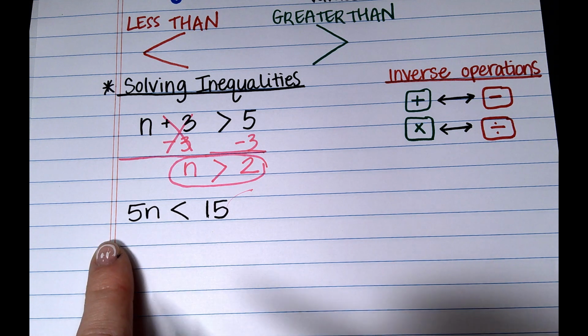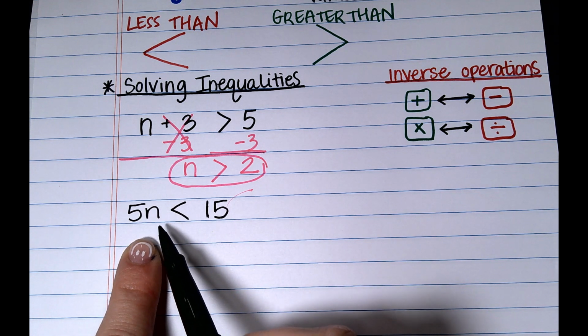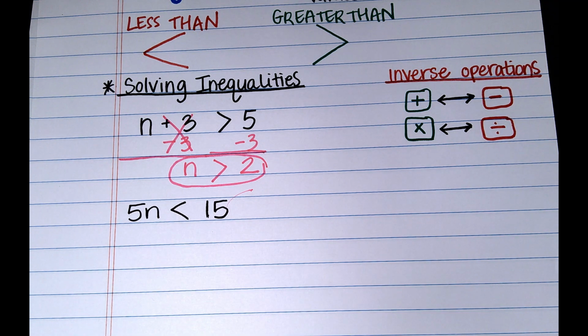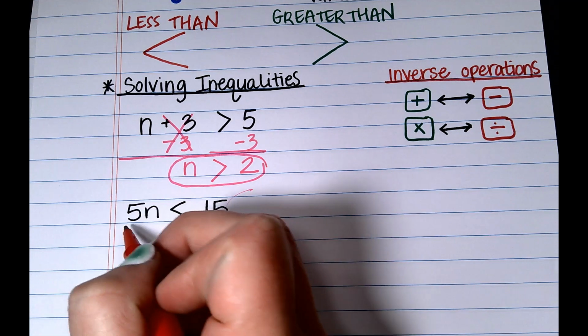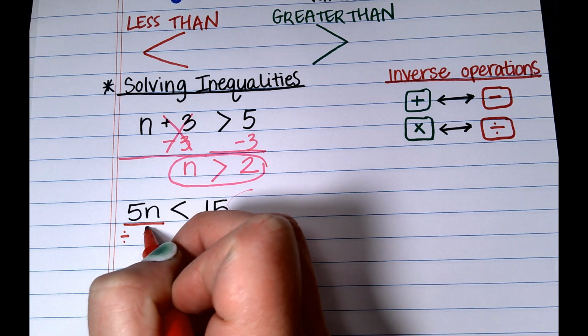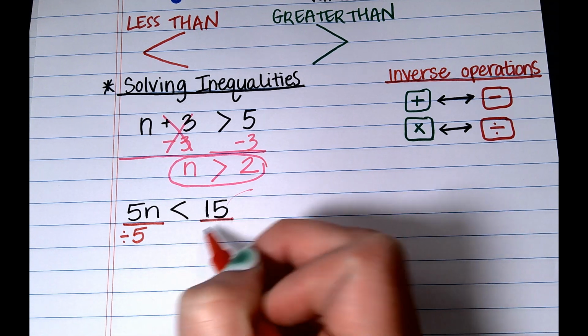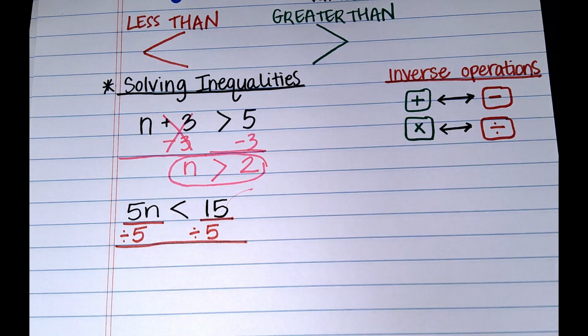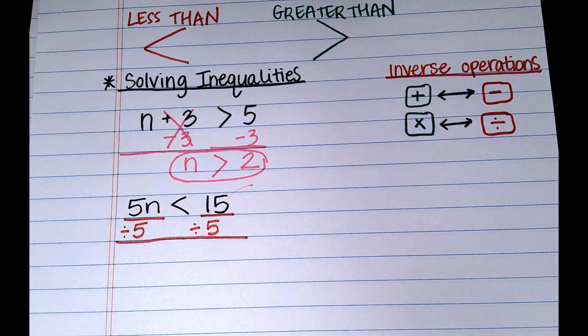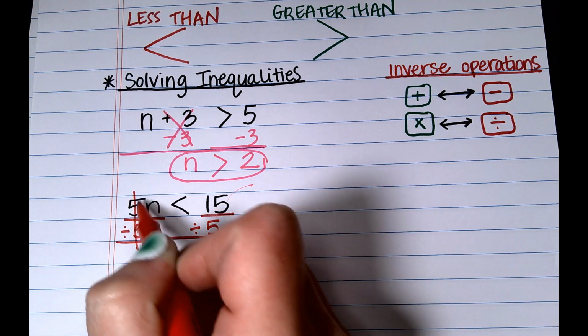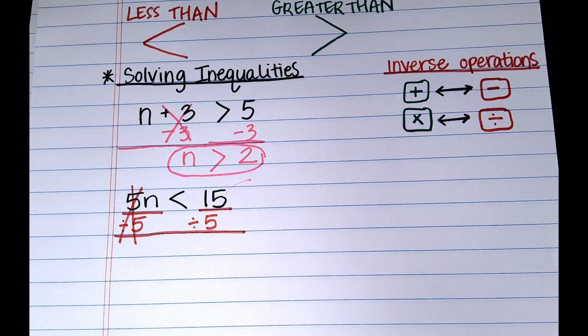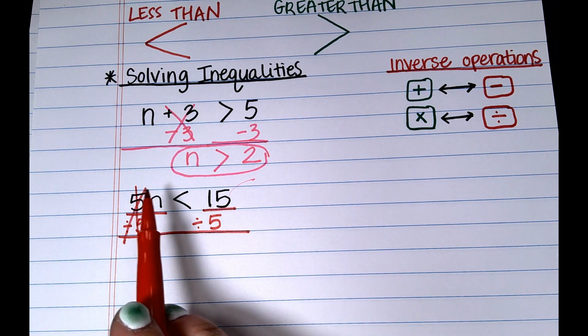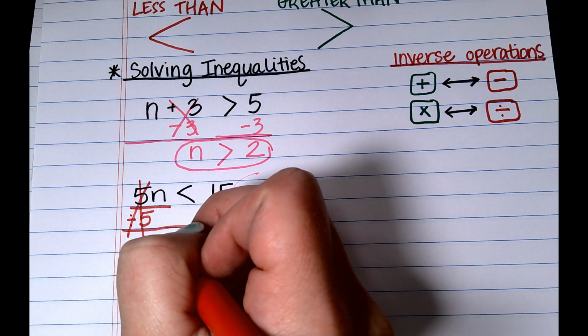Yes, multiply. This is 5 times n. So, we want to do the opposite. Divide. Perfect. So, let's try that. I'm going to divide by 5 on both sides. And what happens to my 5s? Cross them out, they cancel. Now we'll bring down the n.